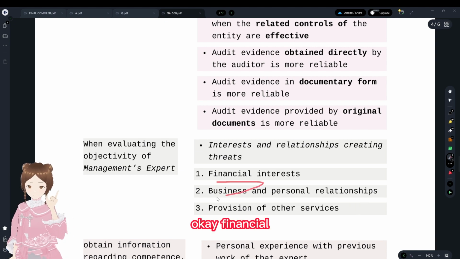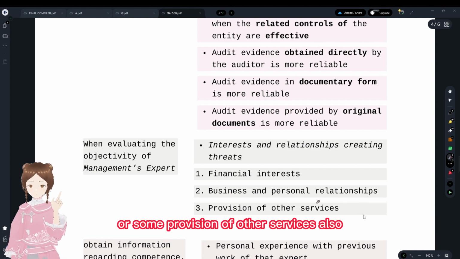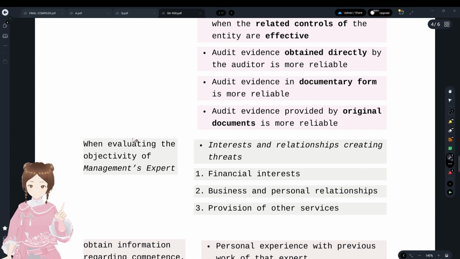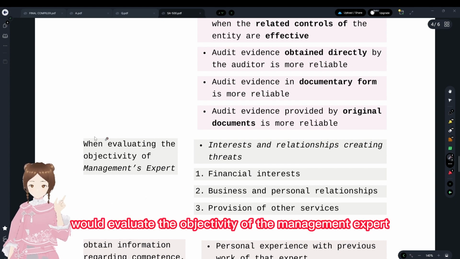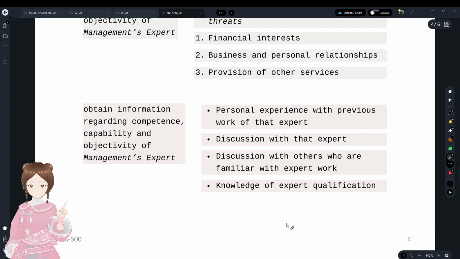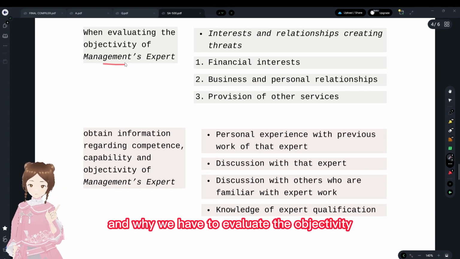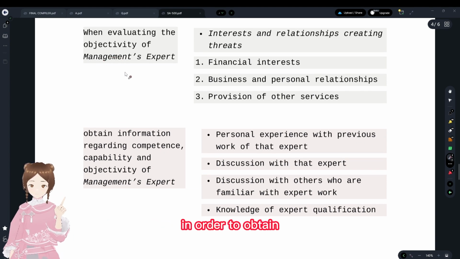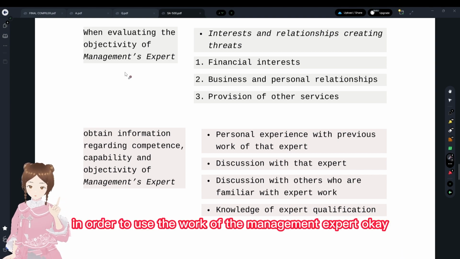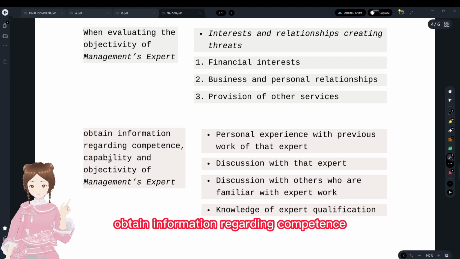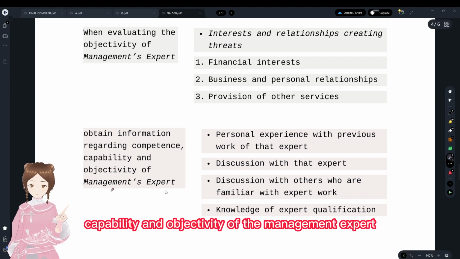Financial, business or personal relationships or provision of other services would be evaluated for the objectivity of the management expert. And why do we have to evaluate the objectivity? In order to use the work of the management expert. Okay, obtain information regarding competence, capability, and objectivity of the management expert.